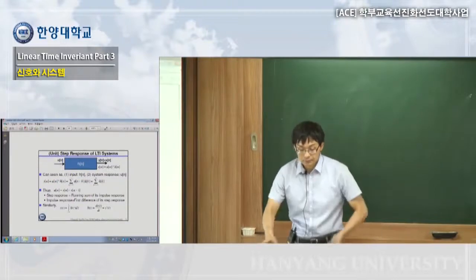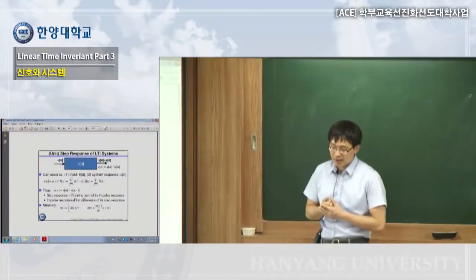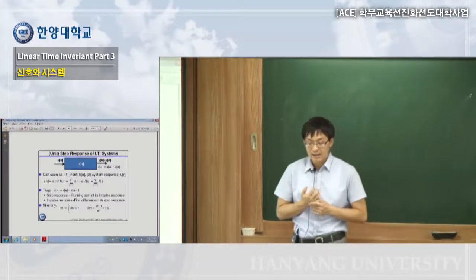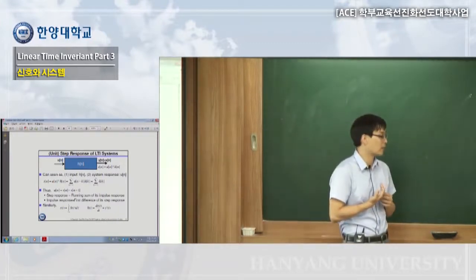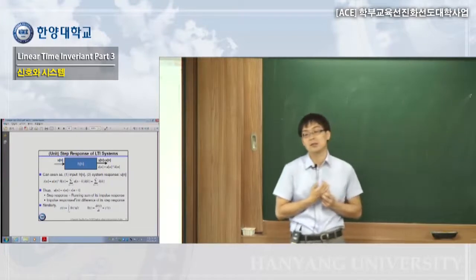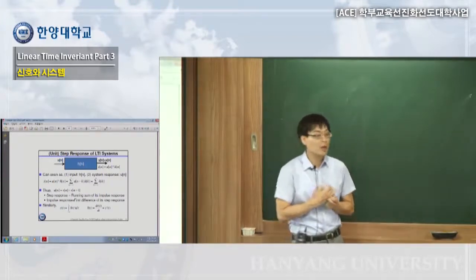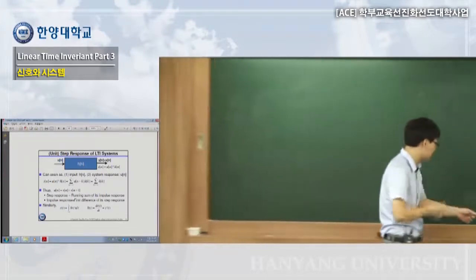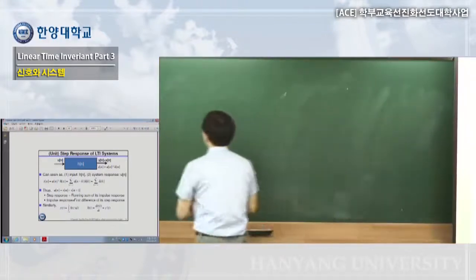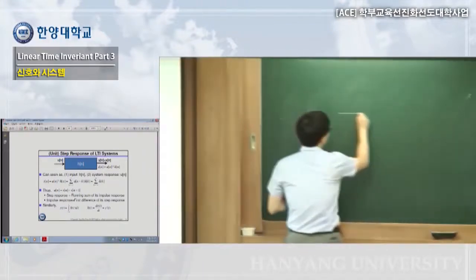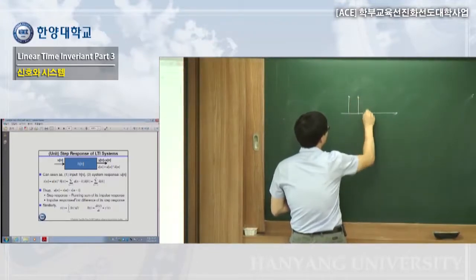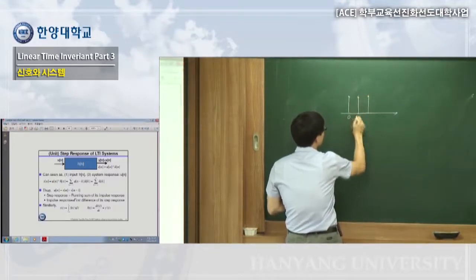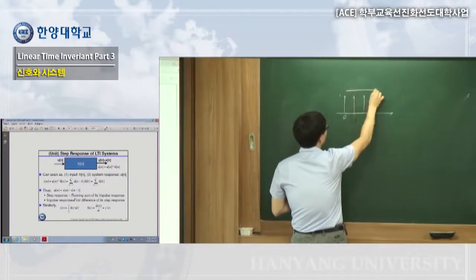Now, this is a kind of repeating of the system. However, let's see what happens if the input is the unit function. Do you remember, in the case of discrete time, the unit system is 1 from 0.